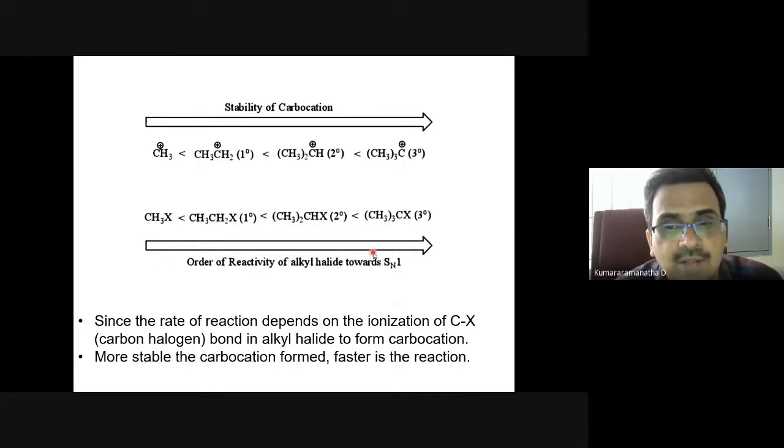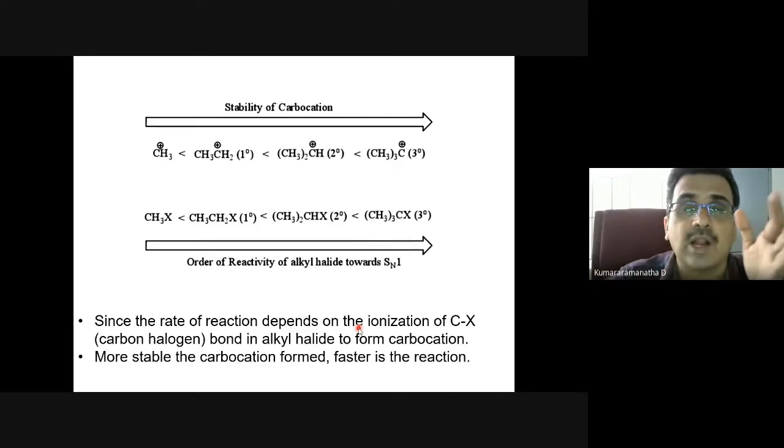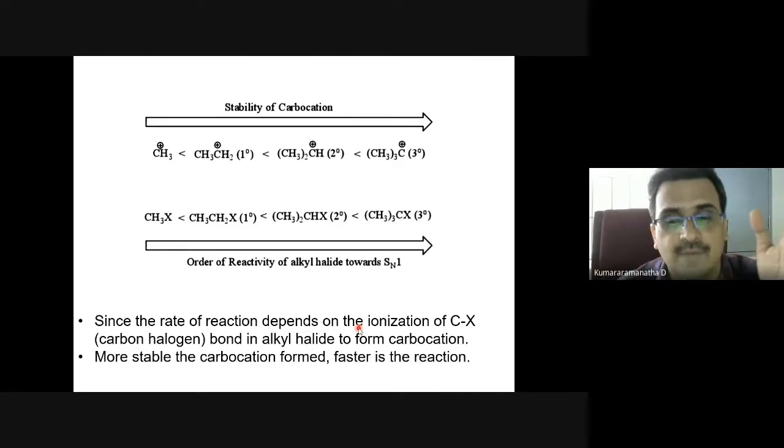So reactivity-wise, tertiary groups are very good. Why? Because we are breaking the C-halogen bond and then allowing OH to interact. That is the reason: the more stable the carbocation formed, the faster the reaction.